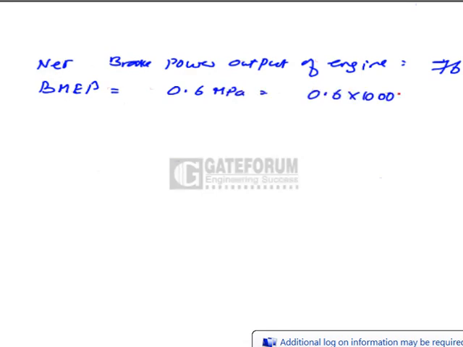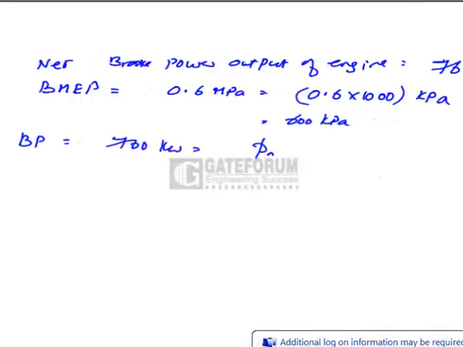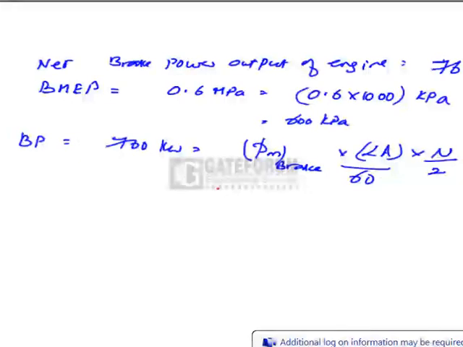0.6 into 1000 kilopascals, that is 600 kPa. Now, from the brake power formula, 760 kilowatts is equal to brake mean effective pressure into LA, that is stroke volume, into N by 2, because it is a 4-stroke diesel engine. All turbocharged engines are 4-stroke engines, into K divided by 60, where LA is the stroke volume.